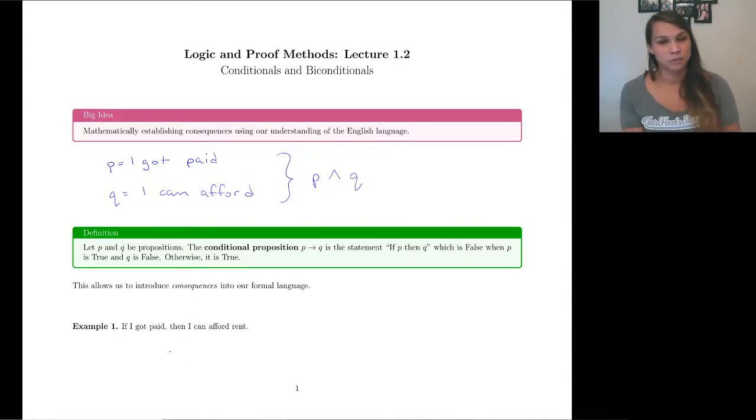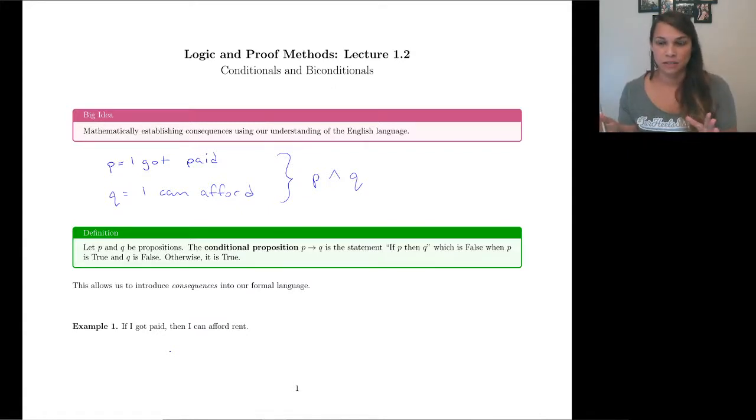Now you might assume, oh, the fact that she got paid means she can now afford rent. That's not what I said though. That is not logically sound. We don't have the tools for me to tell you getting paid will cause me to afford rent.